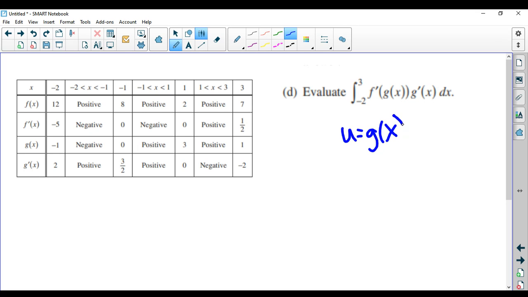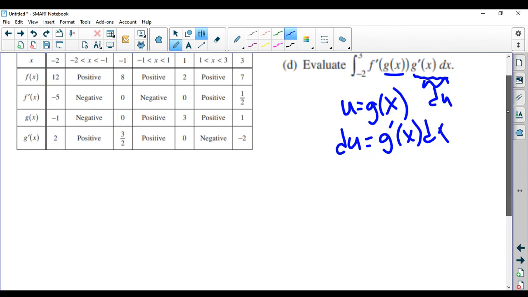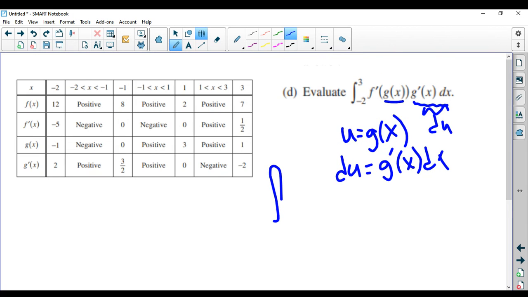And if you look at the second part of it, well, this looks good. Because the next thing you have to do is du, which equals g prime of x, the derivative of g of x, times dx. So this whole thing's du. G of x is u.